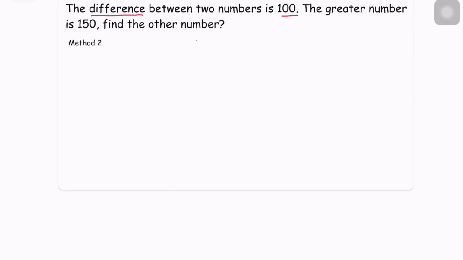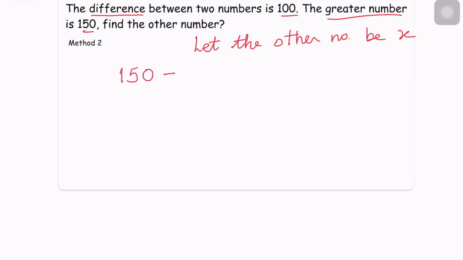Let's do the same thing. Let the other number be x. And we know that the greater number is 150. So 150 we will write first. 150 minus x is equal to 100. Correct?